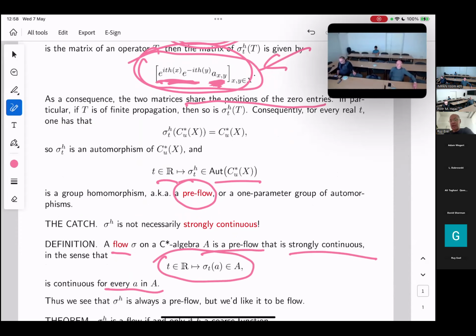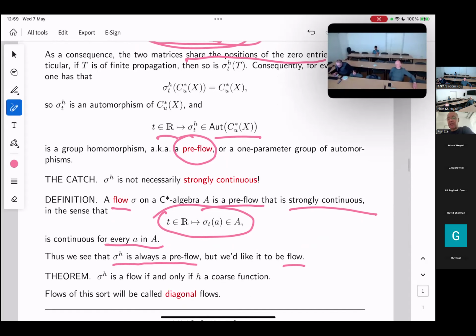So what we see is that our sigma h is always a preflow, but there's nothing you can do with preflows. All of the interesting examples occurring in applications are flows, and all of the theory about group actions requires strong continuity. So we would like our preflow to be a flow. The answer is easy. The preflow sigma h defined up here is a flow if and only if h is a coarse function.